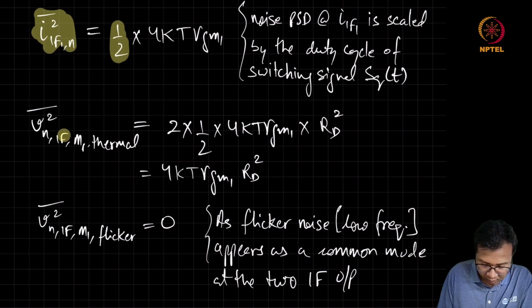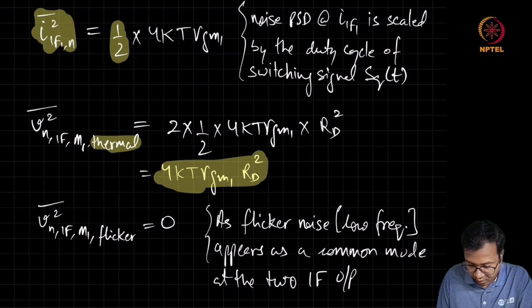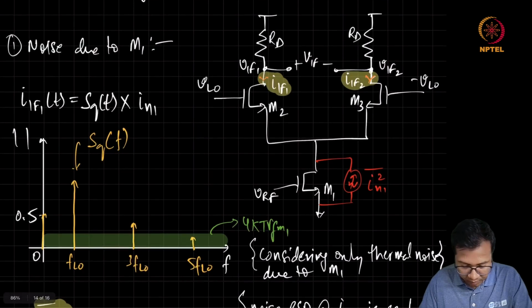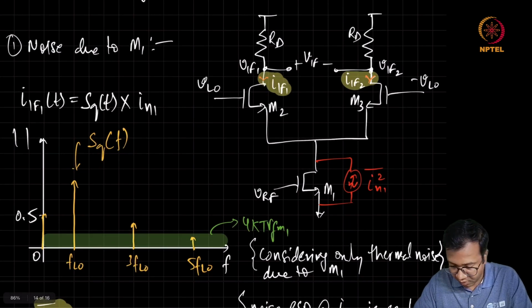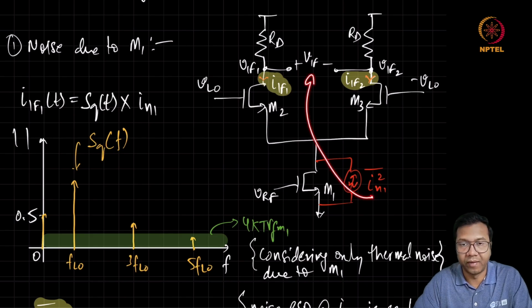Okay, so the thermal noise appears whereas the flicker from M1 is cancelled. I hope this conclusion is clear to all of you. And normally, if you remember, when we try to find the effect of the noise source to the output, we used to find the transfer function.